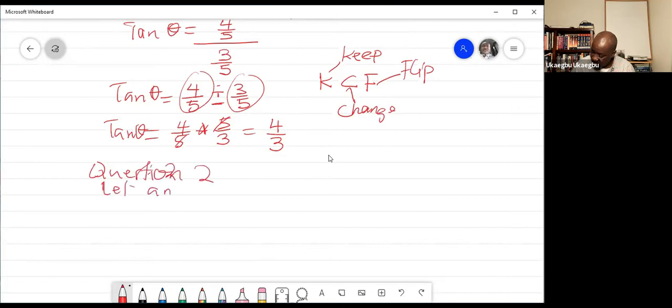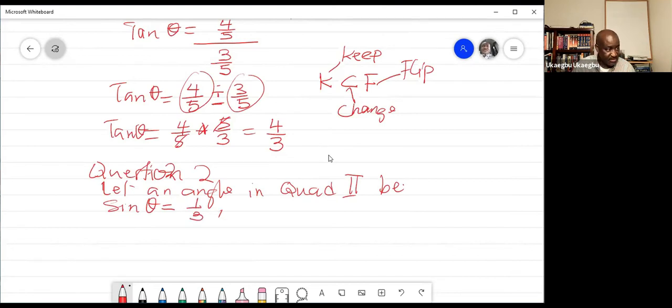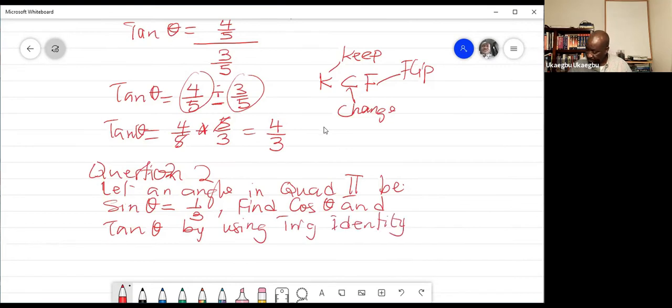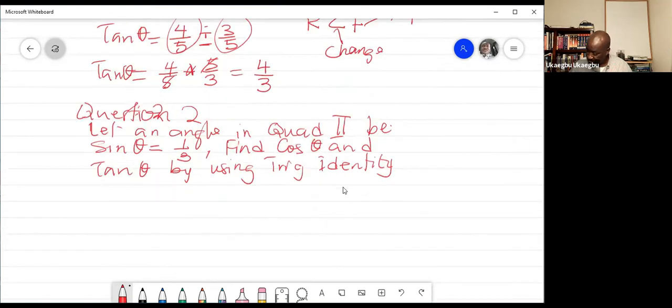Let an angle in quad 2 be sine theta equal to 1/3. Find cos theta and tan theta by using trig identity. Okay, that's the question.